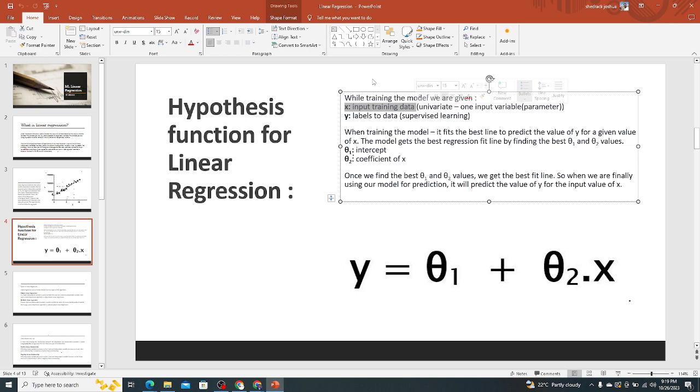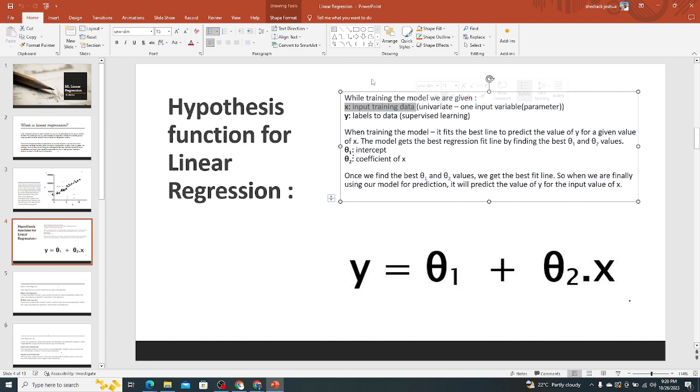Then you'll use maybe 80% of that data to train the model, or to create the model. After creating the model, you will have the other 20% of your data, and you'll use it to test the model. To see, if I upload a cat picture, is our model able to tell us this is a cat or this is a dog.